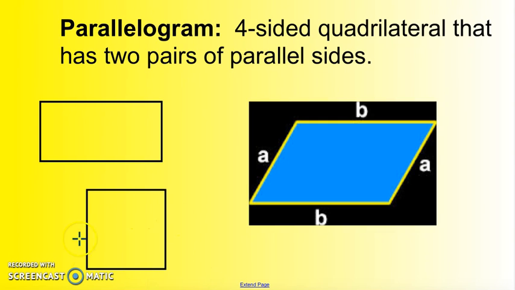And I know all sides are equal on a square, but it still fits the category of what a parallelogram needs to have, and that's just two pairs of equal sides, and it does. And it's got two pairs of parallel sides. So these two are also parallelograms.